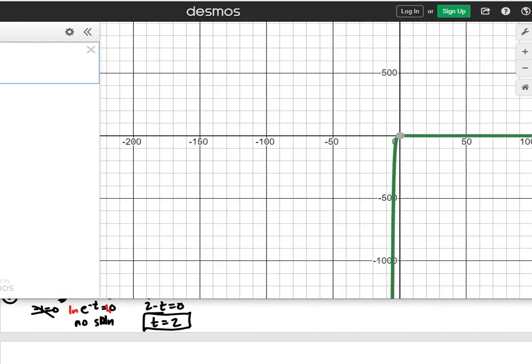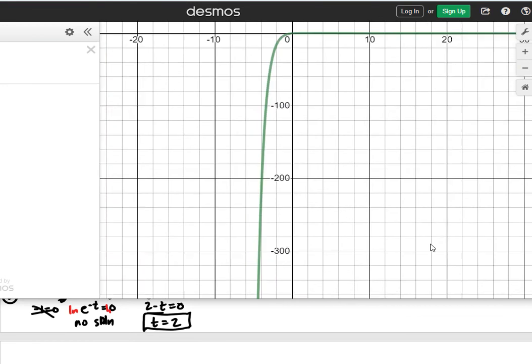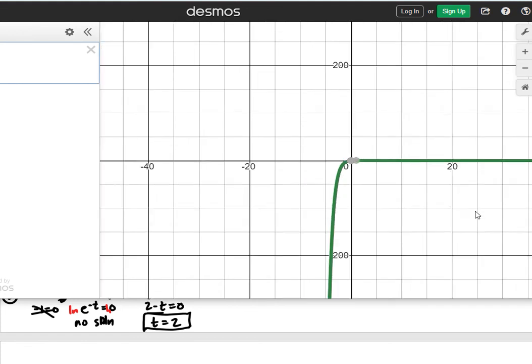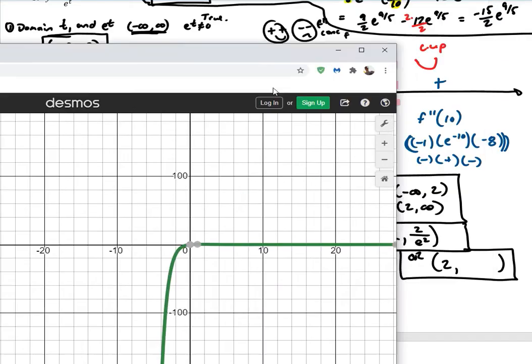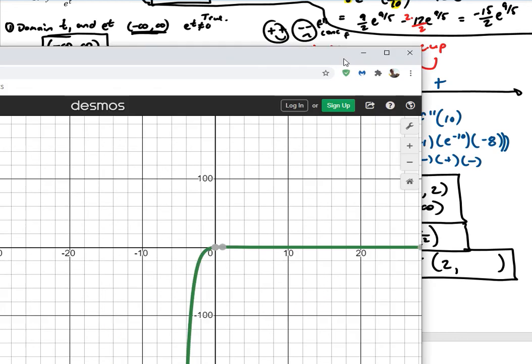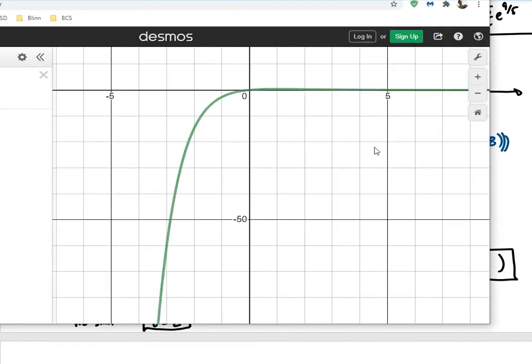Notice if I zoom out, not much is going on with this graph, really, anyway. Okay, but it does look like it's concave down, and then maybe something happens. It looks like it just is all horizontal anyway. But we have it concave down and then concave up soon. All right, so let's see what happens here.